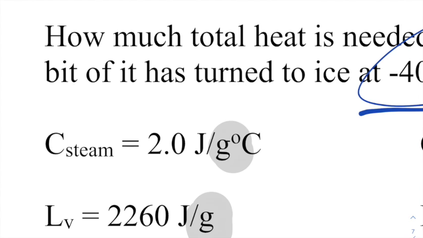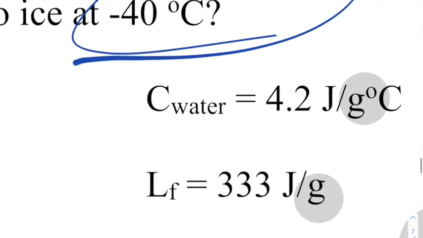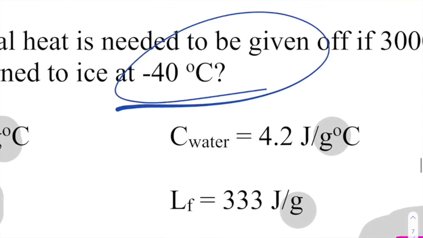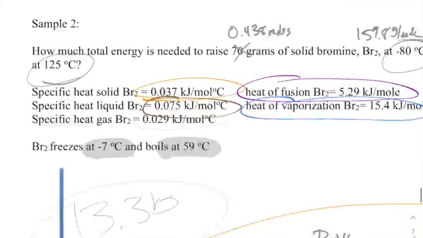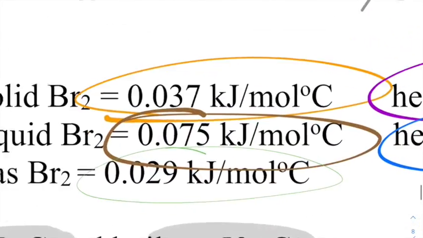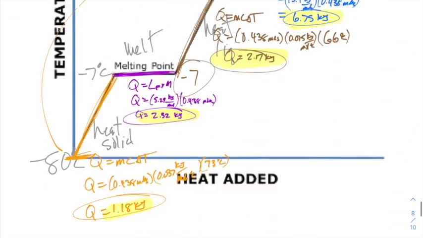Where did they make these numbers up from? Are they just making them up? How are they getting these numbers, like the 2260? Or how are they getting the 333? Or how are they getting the specific heat of bromine? How do they know that the specific heat of bromine is the 0.075 here for liquid bromine? Where are those numbers coming from?